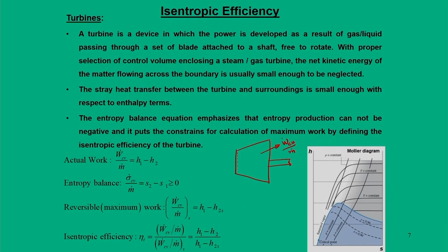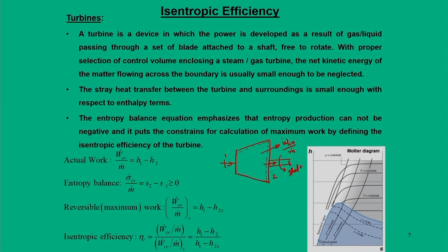The control volume is chosen in such a way that the gas that enters the turbine at state 1 expands to its full capacity, and when the gas leaves, that is at state 2, it is fully expanded, and whatever work is developed through this process rotates this shaft.